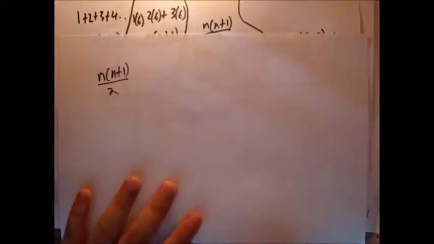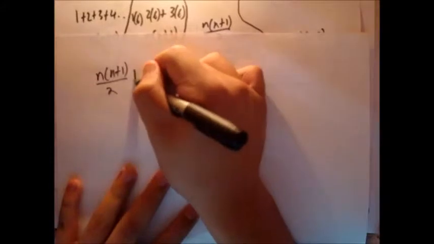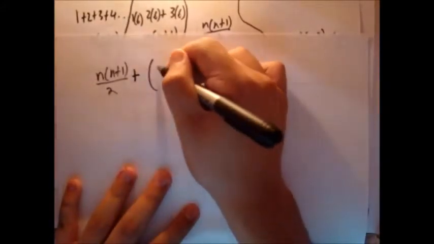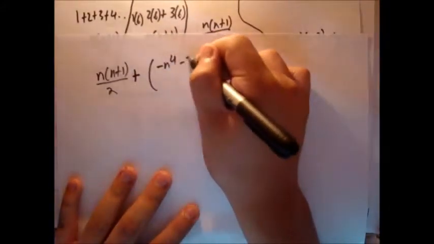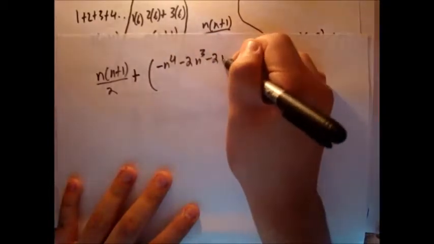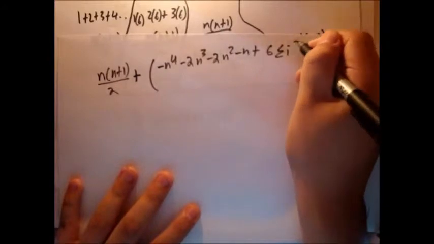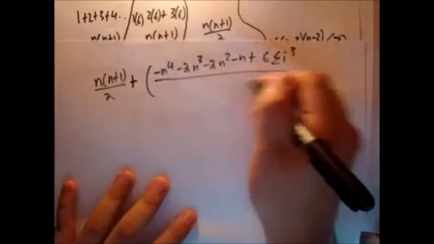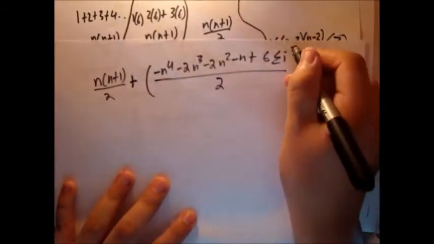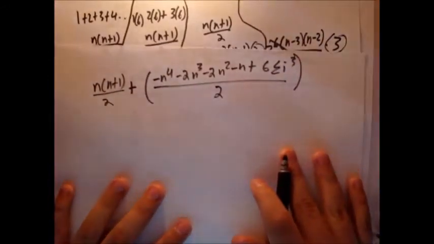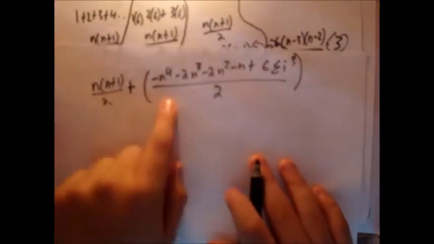And the formula we just got was, we're going to add right there, plus negative n to the 4th minus 2n cubed minus 2n squared minus n plus 6 sigma i cubed, and all of it divided by 2, remember? Let's add these things together.